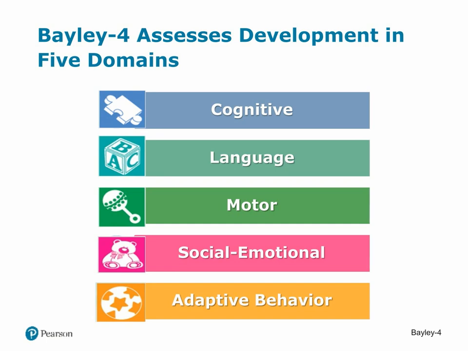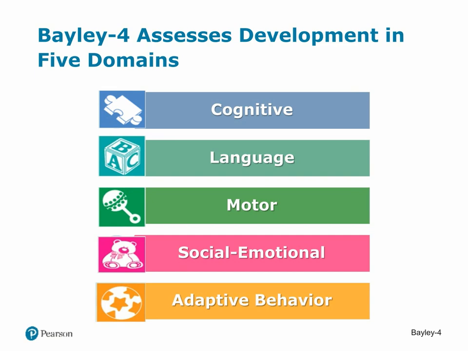As we noted previously, the Bayley-4 retains the 5 developmental domains introduced with the Bayley-3. The 5 Bayley-4 scales are listed here. The cognitive domain assesses cognitive functions, including attention, memory, and concept formation.